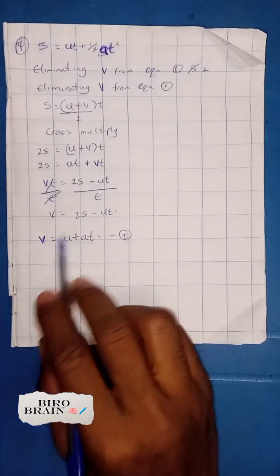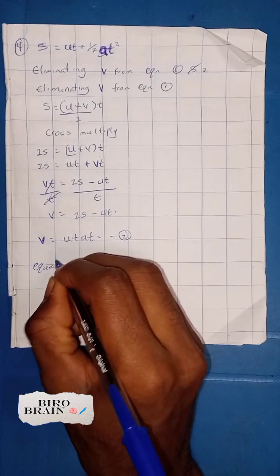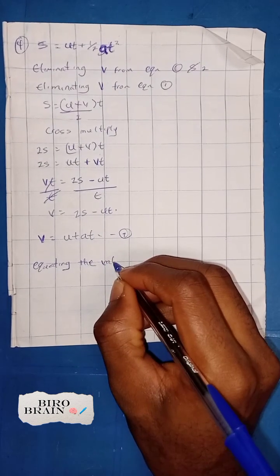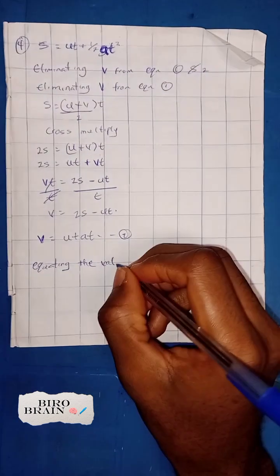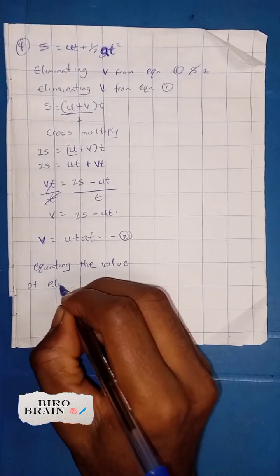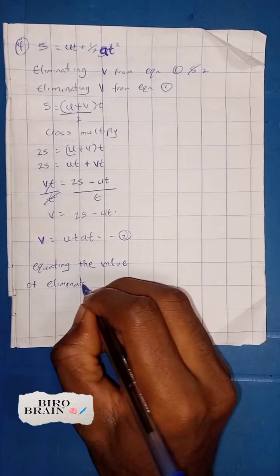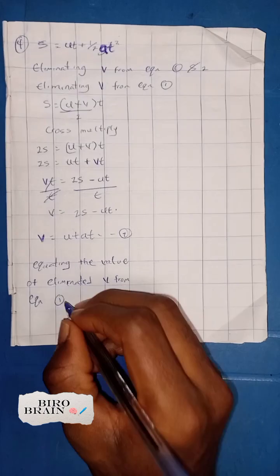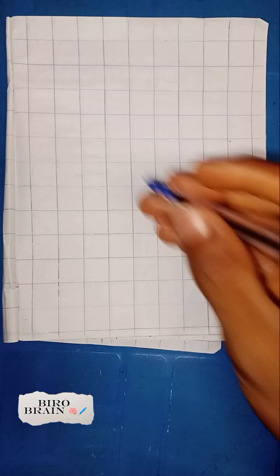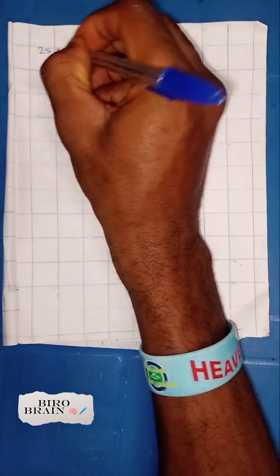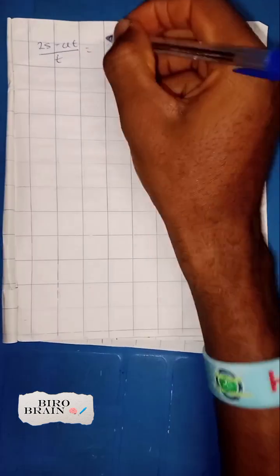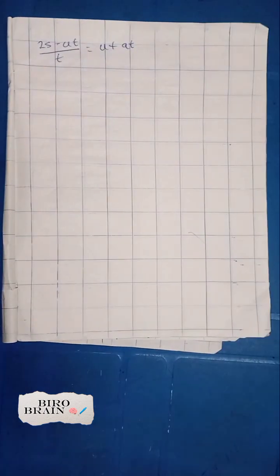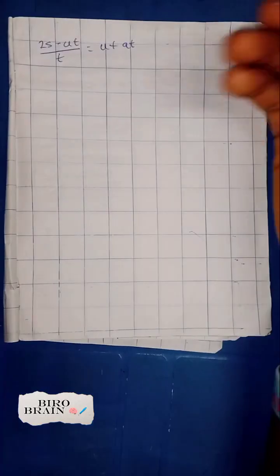So equating the value of v eliminated from equation 1 and 2, we have 2s minus ut over t equals u plus at. Now we want to cross multiply.